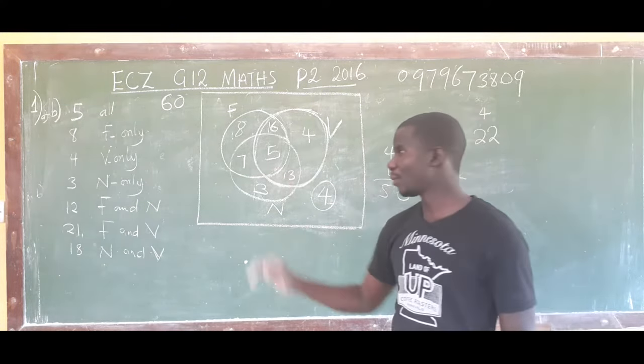Okay, so the first one is asking us the probability that both will be boys. What are you going to do? You will multiply this one by this one. The same thing that I did here. So you will get the same answer. Then the second one is asking you, one member is a girl. Here we have one member, a girl.